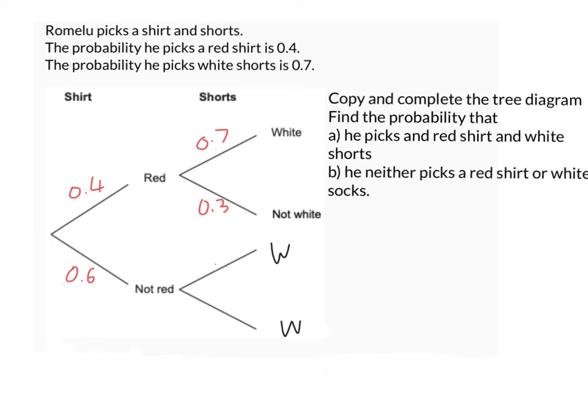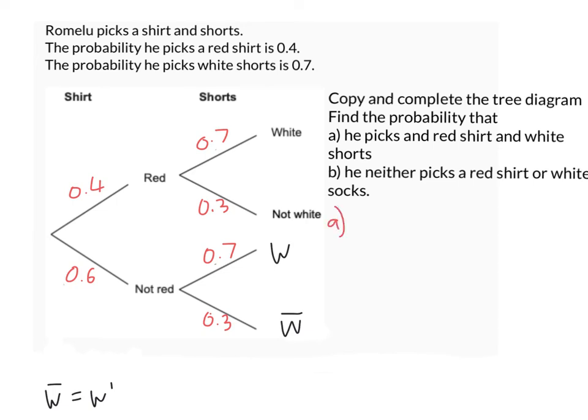A quick way of writing not W or not white is put a line on top of it, which is acceptable. You can also put a wee dash to mean W prime or not W. Anyway, what's the chance of getting white? The probability goes on the line. It's 0.7 and then 0.3. And then we're ready to answer the questions.